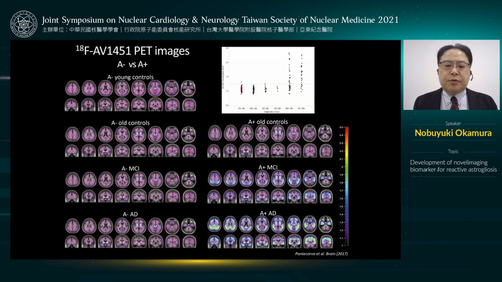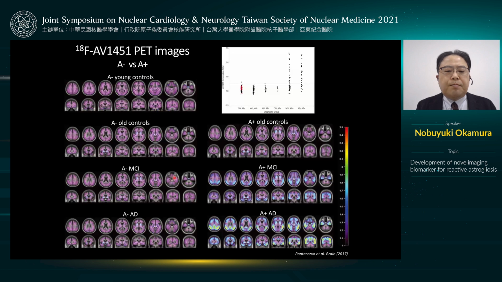When subjects were divided into amyloid negative and amyloid positive groups, neocortical tracer retention is observed only in amyloid positive MCI and AD patients.